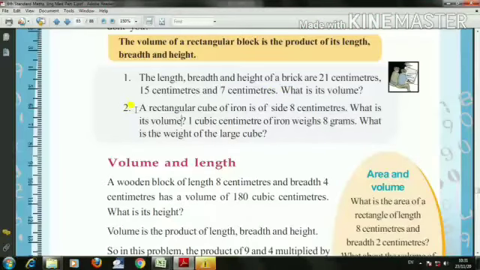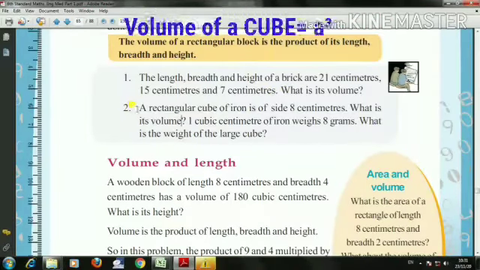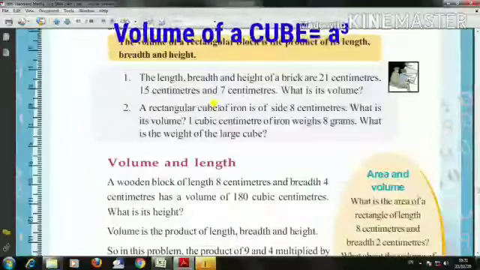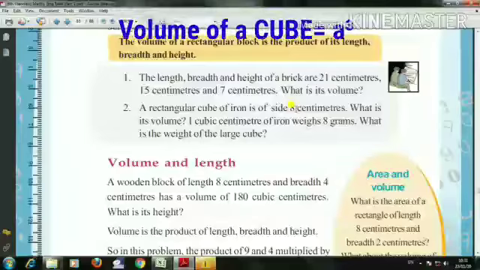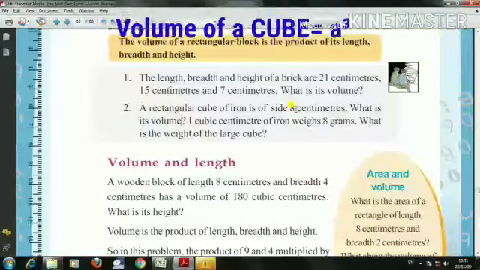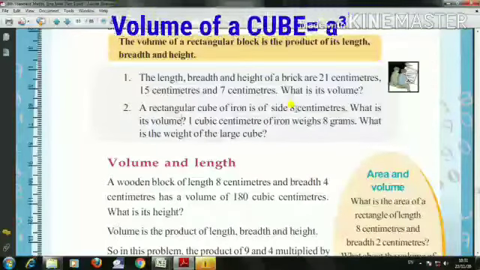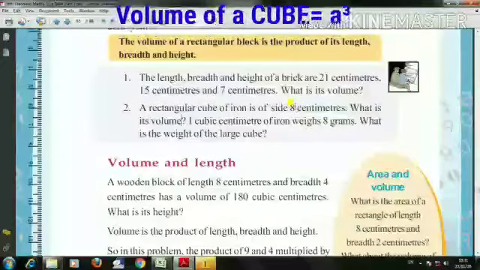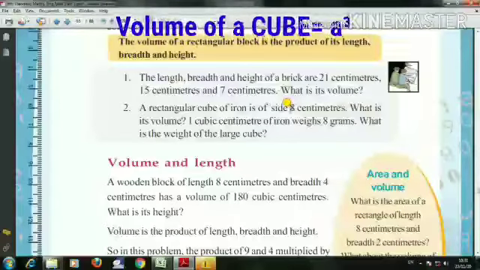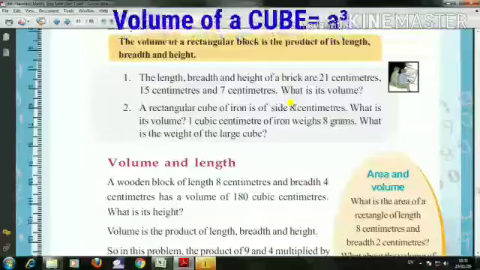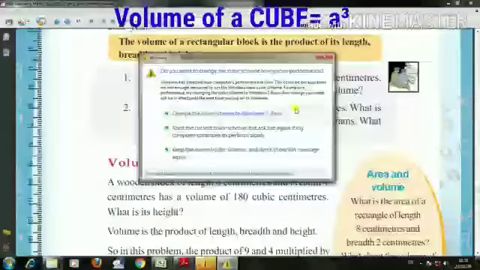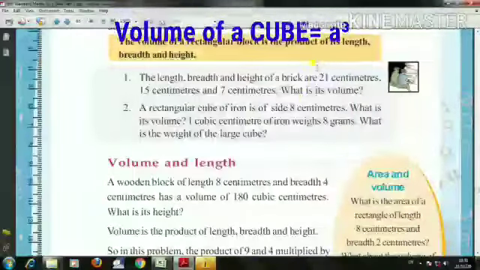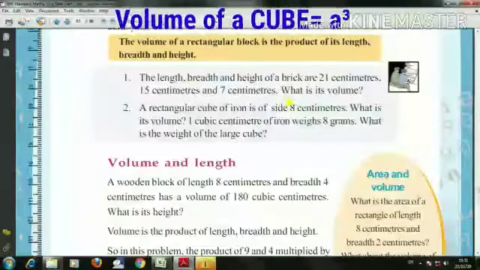Now another question is here. It is a cube, the side of which is 8 centimeters. Then what's the volume? As far as a cube is concerned, you know all sides are equal. So one side is 8 centimeters. So side into side into side is equal to the cube's volume.